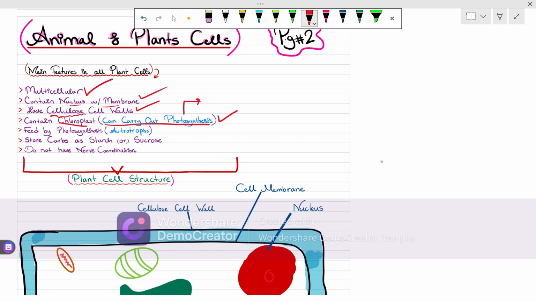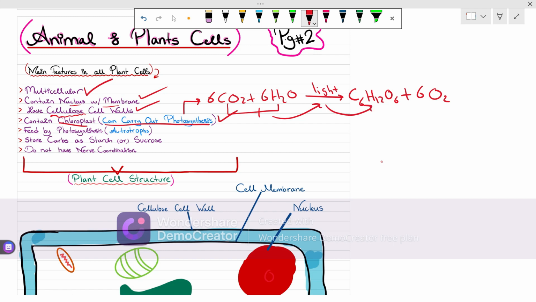The balanced equation for photosynthesis is 6CO2 plus 6H2O. Using light, you get C6H12O6 plus 6O2. So plants use carbon dioxide and water as raw materials, then use light energy to convert it into glucose and oxygen.